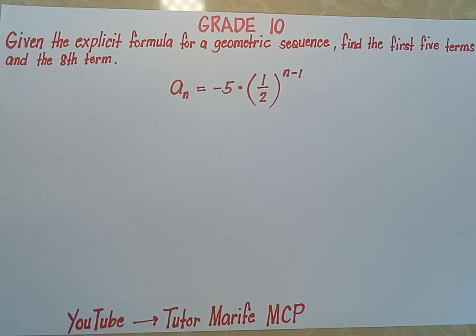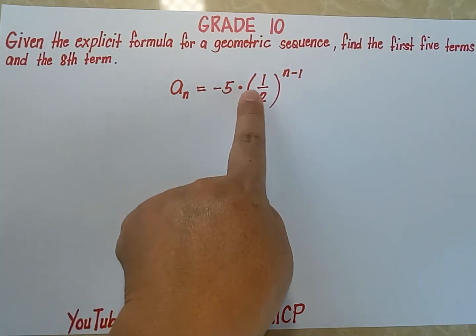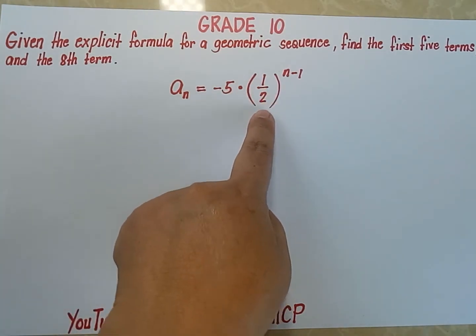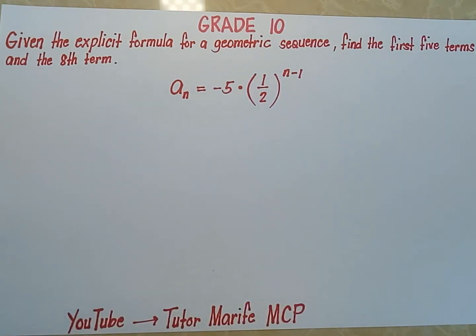This is Tutor Marife. And this time, ituturo ko ulit ang finding terms of a given explicit formula for a geometric sequence. So ito yung given explicit formula: A sub n equals negative 5 multiplied by 1/2 raised to the power of n minus 1.